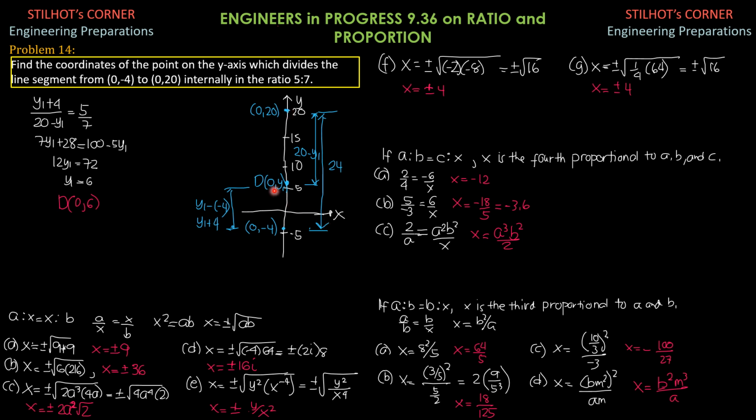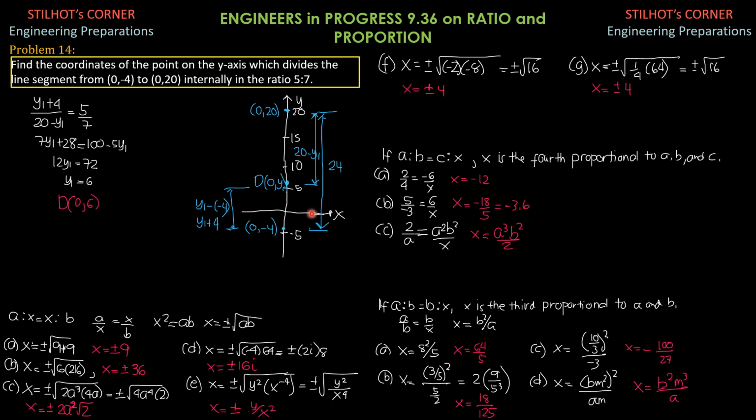So I denote D as (0, y1), and for it to be positive, it should be upper y minus lower y. So y1 minus negative 4 is y1 plus 4. That's the length. While from D to this upper point, to make it positive, it should be upper y, 20 minus y1. And 20 minus negative 4 is 24, the total length.